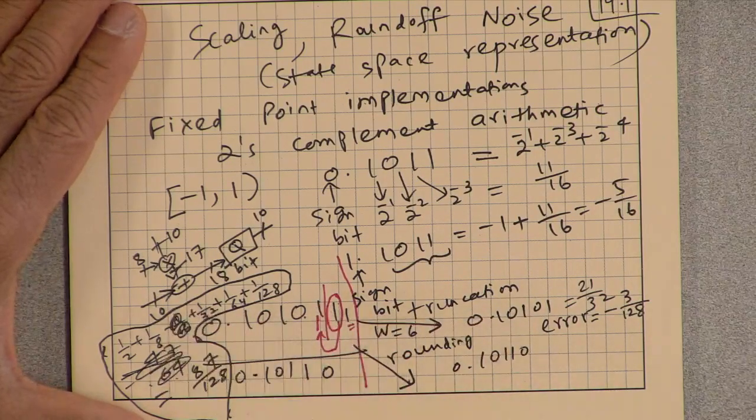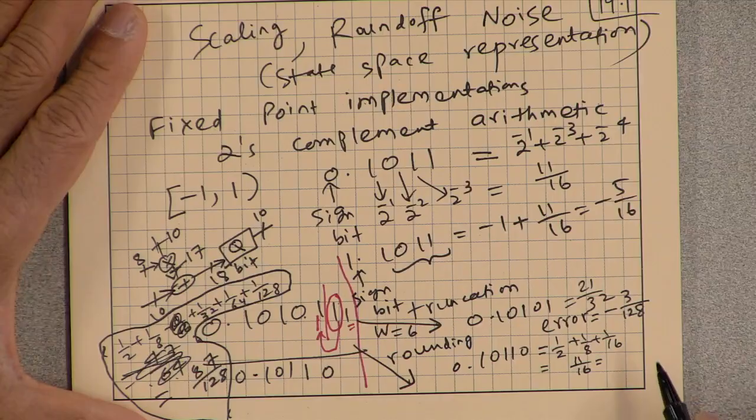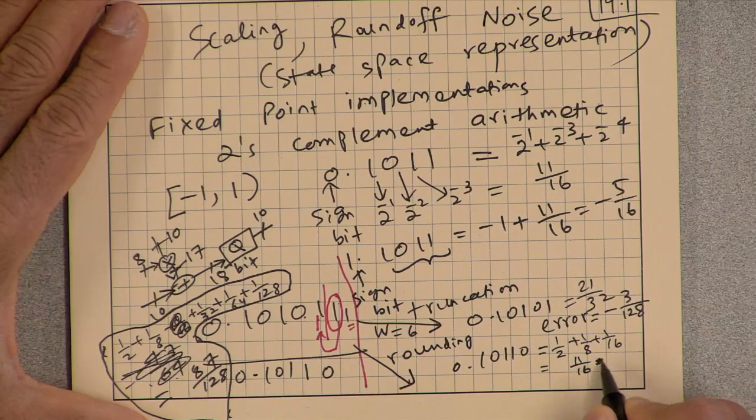In this case this number is going to be slightly more than that, so that's going to be half plus 8th plus 16th, which is 88 by 128. So the error is going to be 1 over 128.